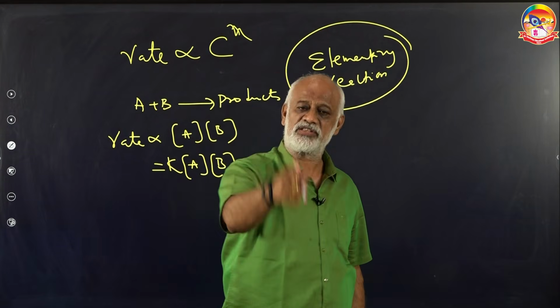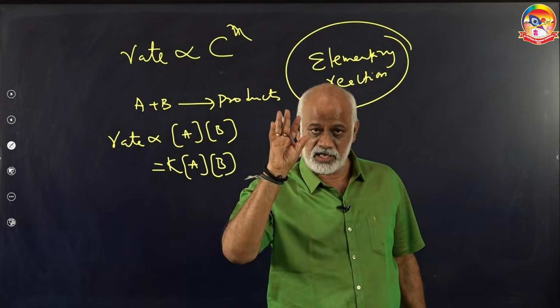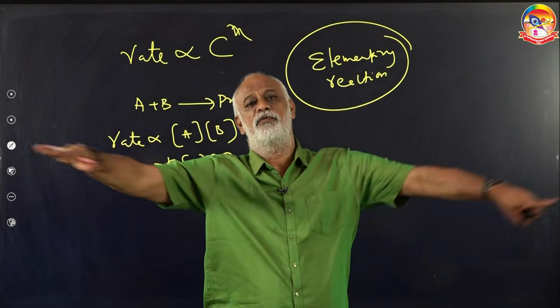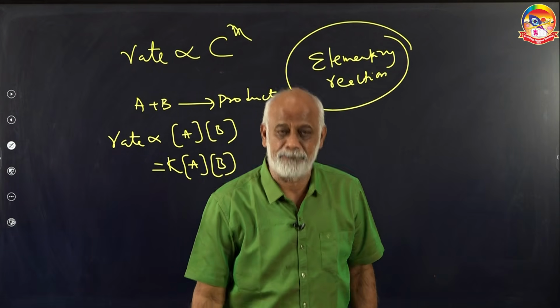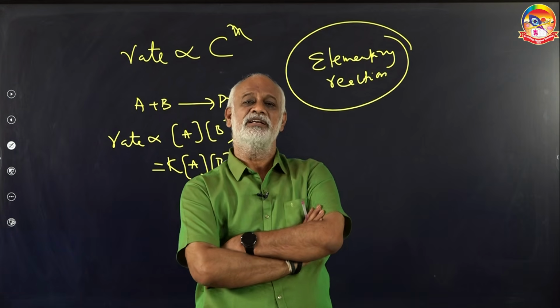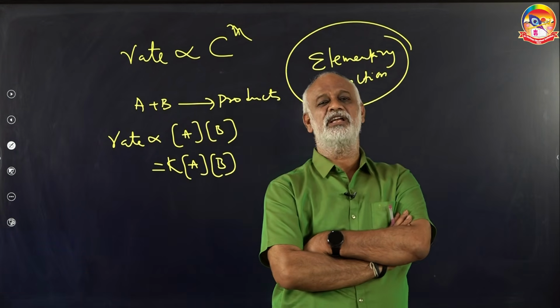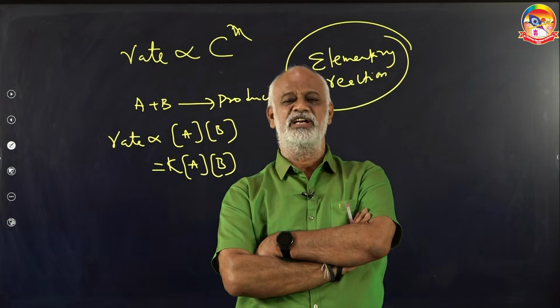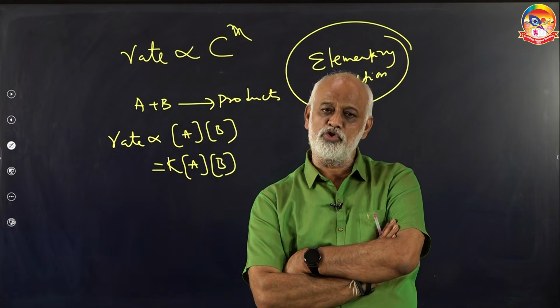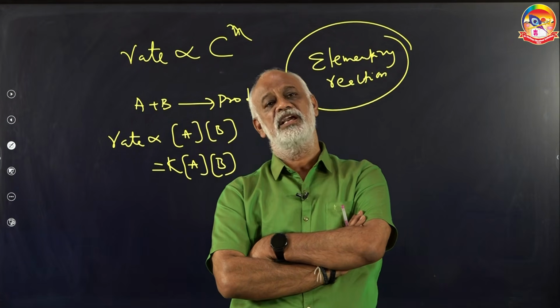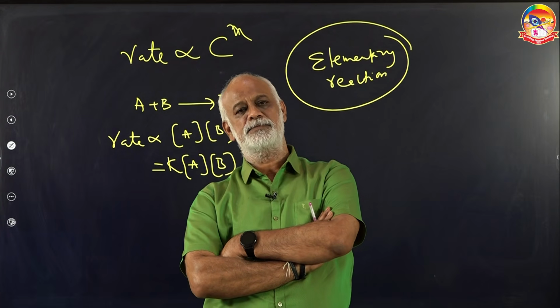There can be only one slowest step in the reaction. Therefore, order is for the overall reaction. Molecularity is always for each step. If anybody asks, what is the molecularity of a complex reaction? It's a ridiculous question to ask, because that has no meaning. Why? Because each step has certain molecules participating.